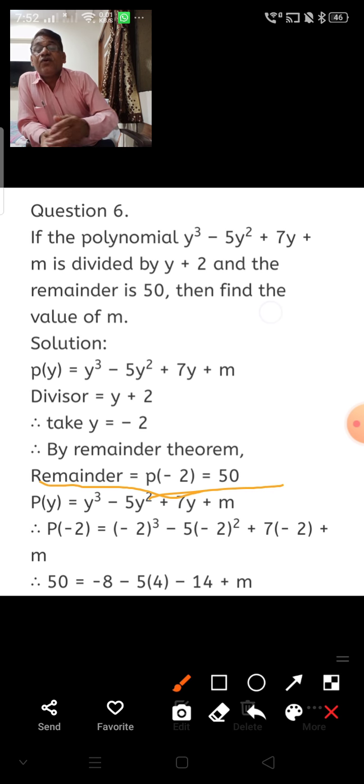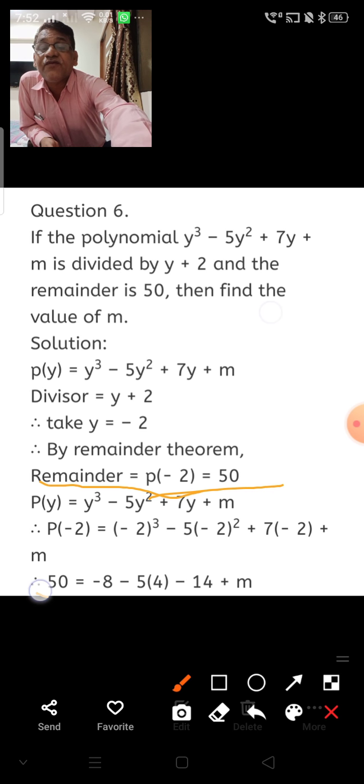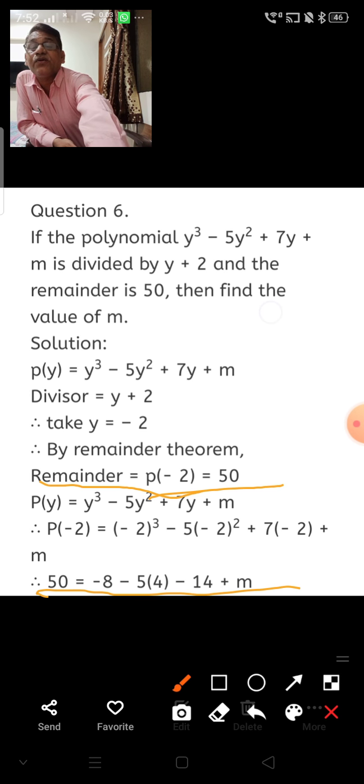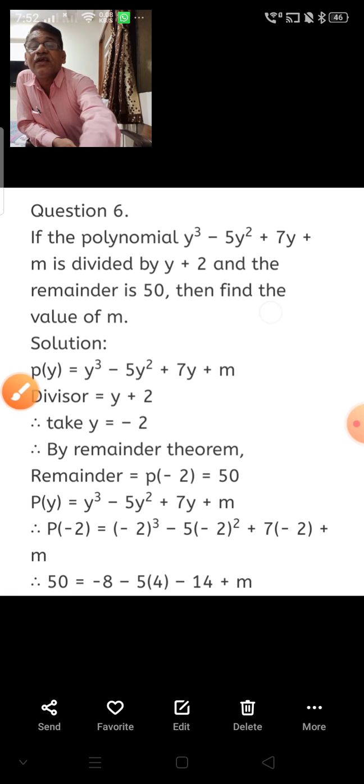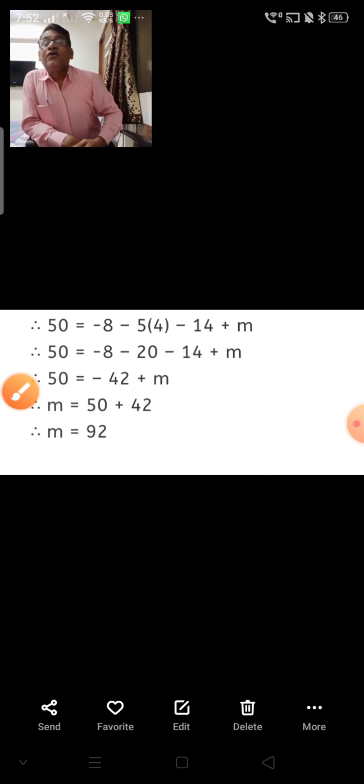So 50 is equal to minus 8 minus 5 into 4 minus 14 plus m.